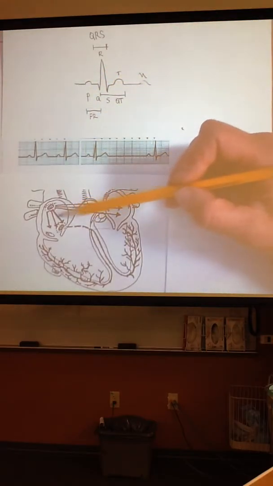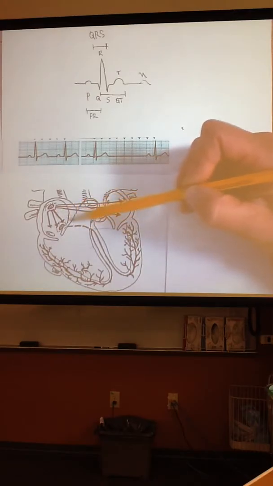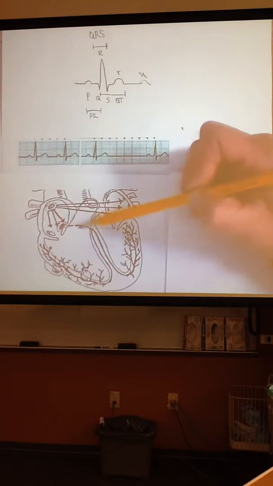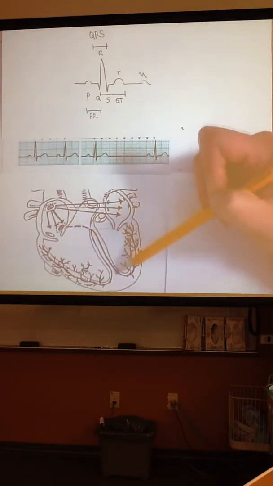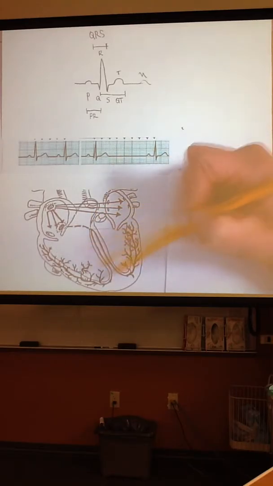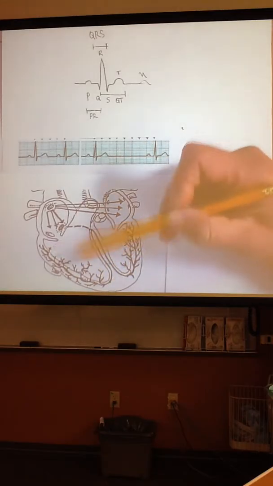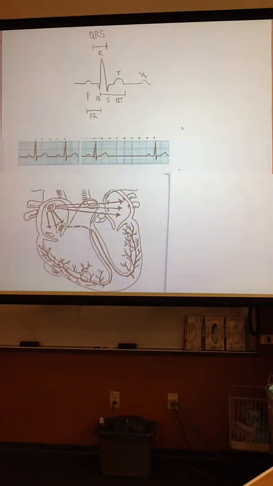Then we know that we have this traveling and delay that occurs of the impulse down to the AV node and then through to the bundle of His, through the bundle branches, and then you have your Purkinje fibers and ventricular depolarization.